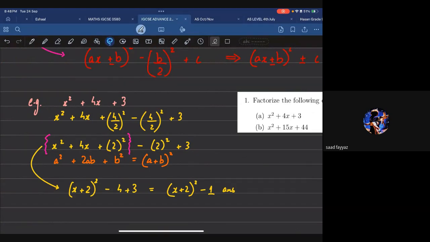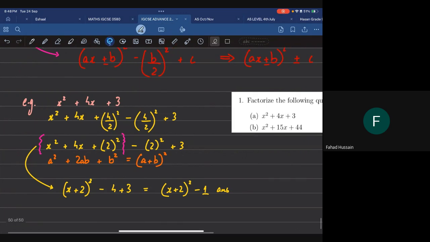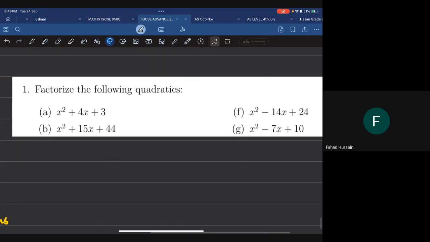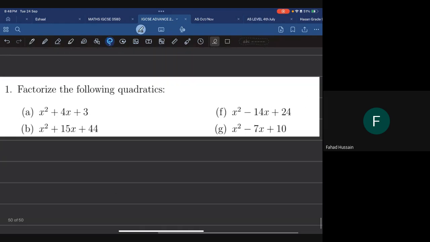All right. Yes, Fahad, what were you saying? No, sir, I asked you to zoom in. I think this is enough zooming in. No, sir, I was asking you before you zoomed in. All right. Guys, quickly do this.